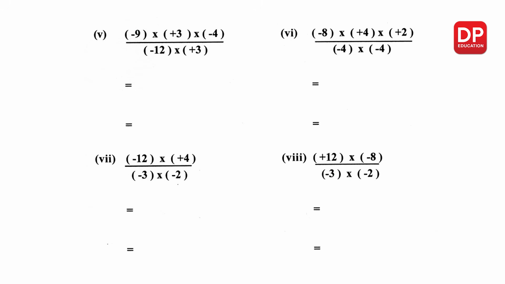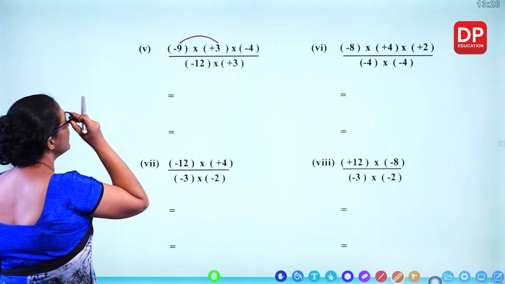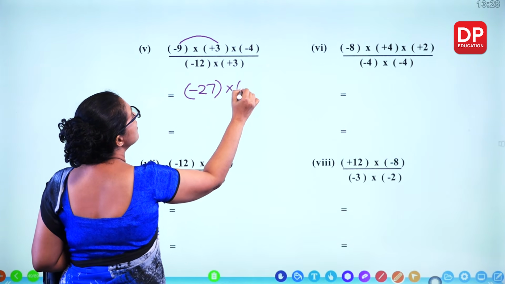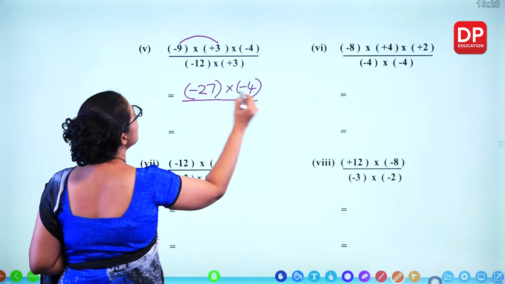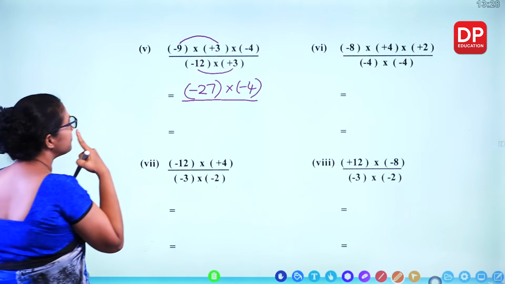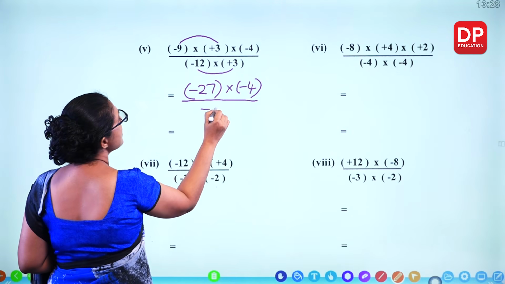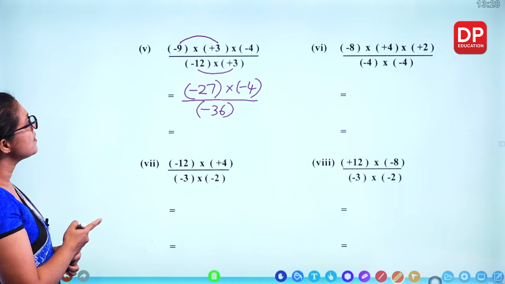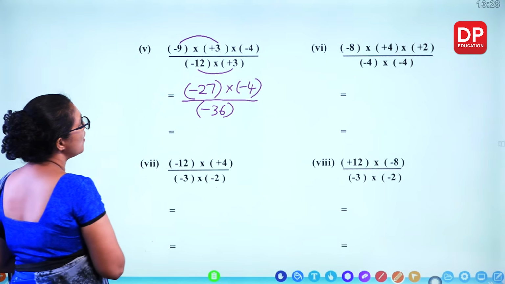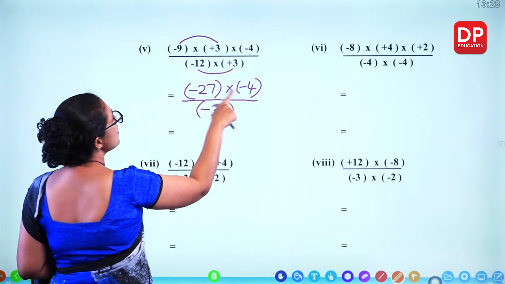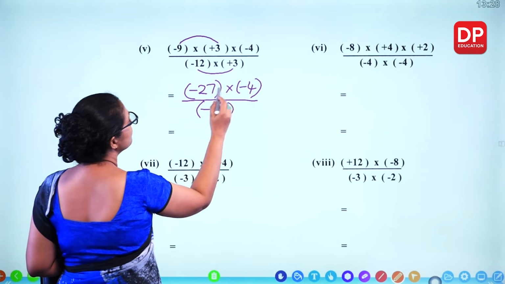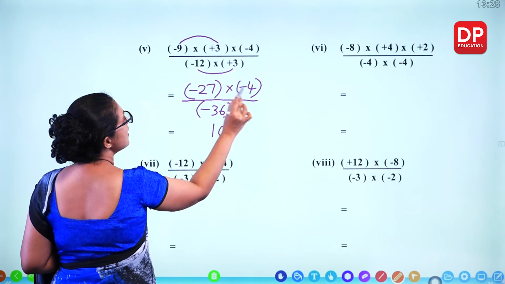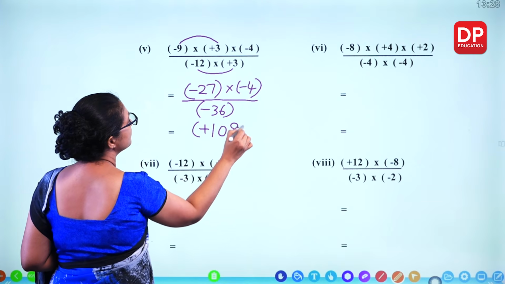Do this. We'll do these two separately. 9 times 3, 27. That's minus. And then 12 times 3, 36. That's minus. Because one is negative and one is positive. Now, 27 times 4, 108, that's negative, negative, that's positive.